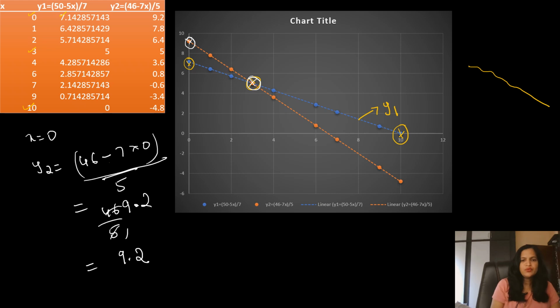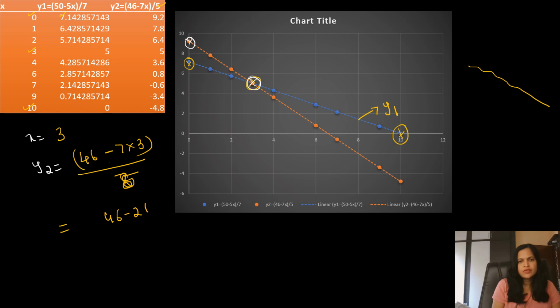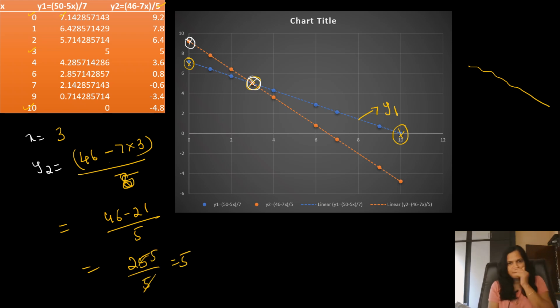Then let me verify the value for x equal to 3 with the same equation, y2: (46 minus 7 into 3) whole divided by 5. 7 threes are 21. 46 minus 21 divided by 5. 6 minus 1 is 5, 4 minus 2 is 2, so 25. 5 fives are 25. y2 is 5 here.